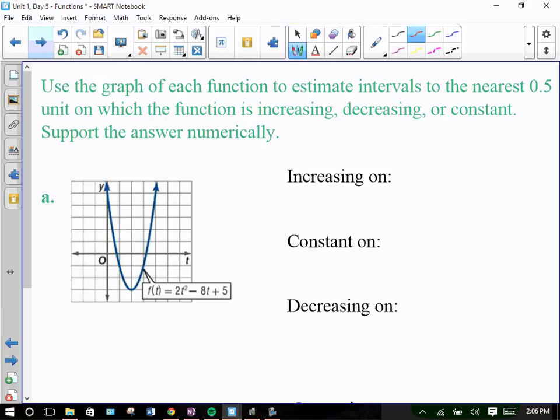Here's just another example. First of all, if we look at this function right here, is it increasing in here? Yes or no? Okay, is it decreasing in here? Is it constant? Okay, good. So it is constant on 7. So increasing on what x values? What interval?